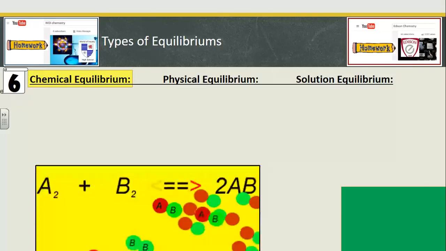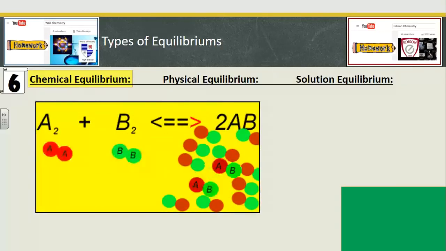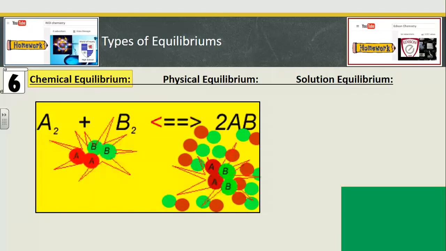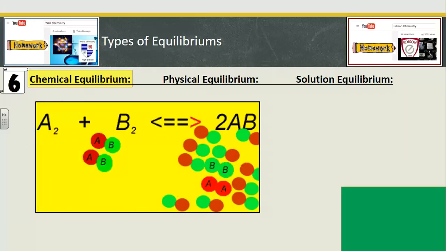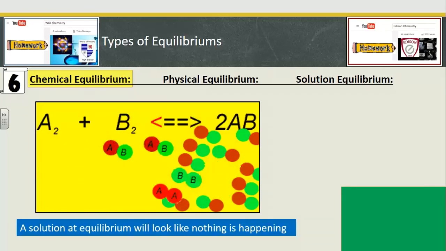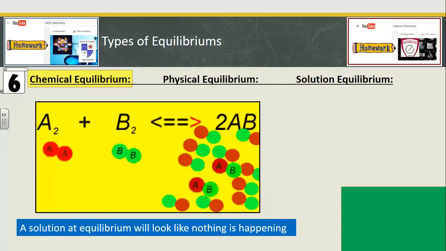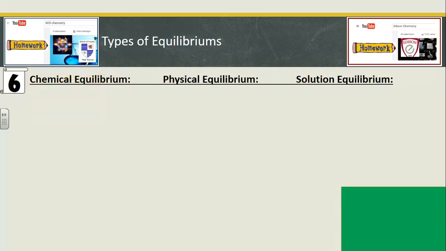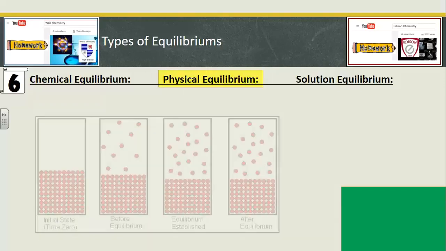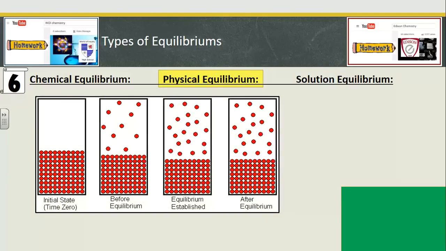Chemical equilibrium, what is it? That's a chemical reaction. So reactants becoming products and products turning back into reactants is a chemical equilibrium. That requires a chemical reaction to occur. A solution at equilibrium will look like nothing is happening. That's the tough part about this. With a physical equilibrium, we've got more like phase changes happening, okay?